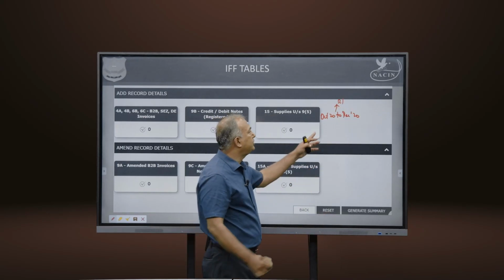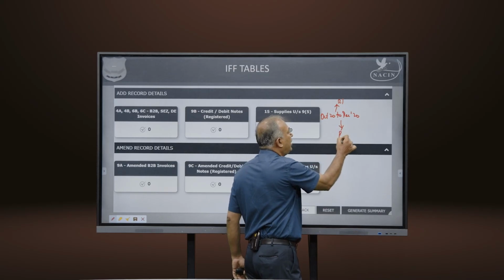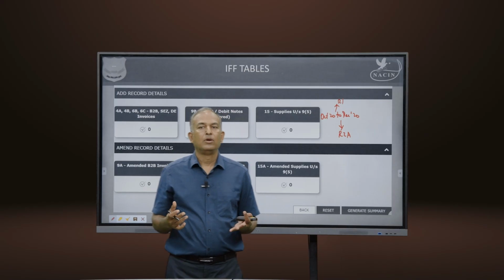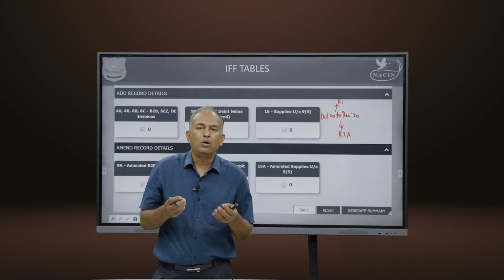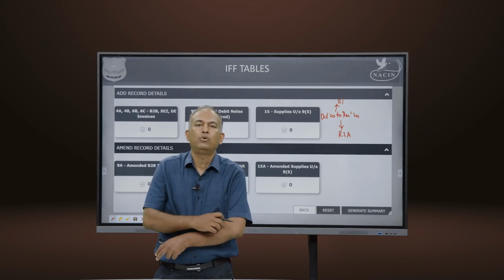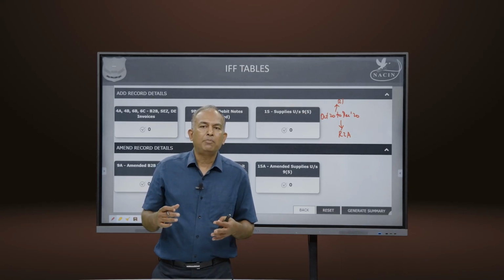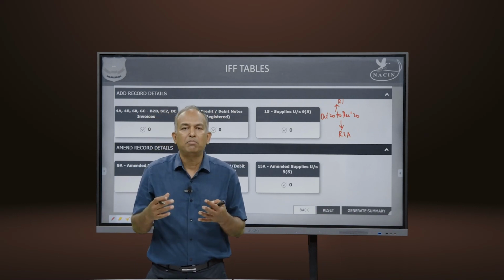Now what happens is, because the R1 pertains to a quarter, the 2A also was getting populated only at the end of the quarter. That is, for supplies received in October and November, the input tax credit was being available only in January. So what happened is, many taxpayers who were recipients were actually monthly return filers.